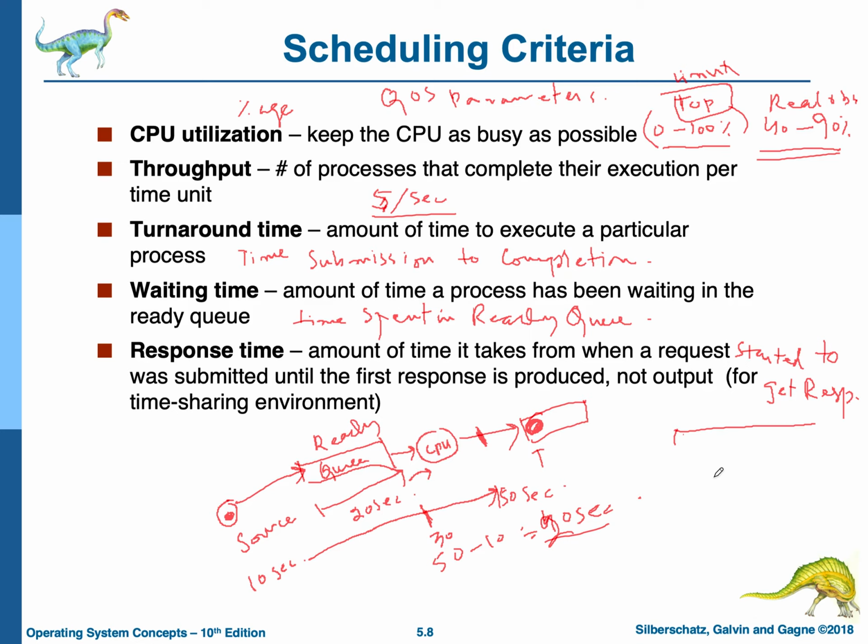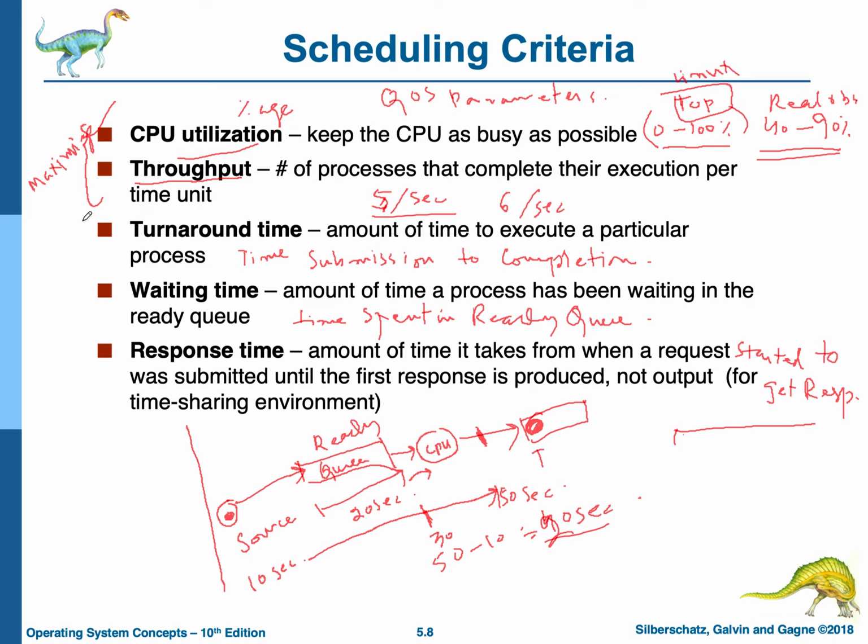And furthermore, please note down that this throughput and CPU utilization, we always want to maximize the CPU utilization and maximize the number of jobs done in a unit of time. For example, if a system is completing 5 jobs per second, then if we make that system complete 6 jobs per second, this system is better, right?